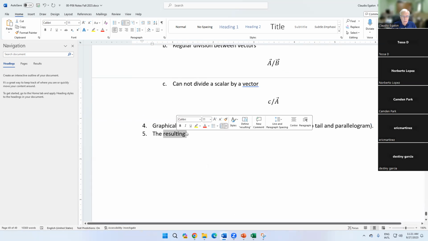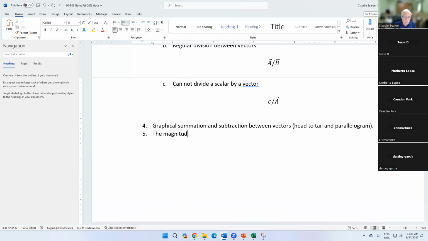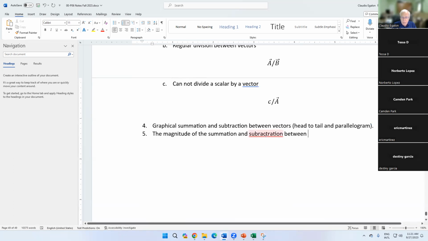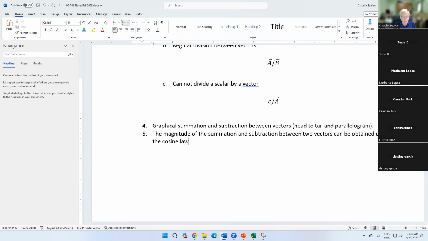The magnitude of the summation and subtraction between two vectors can be obtained using the cosine law.